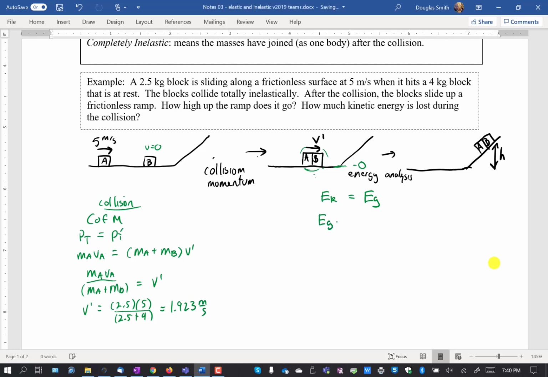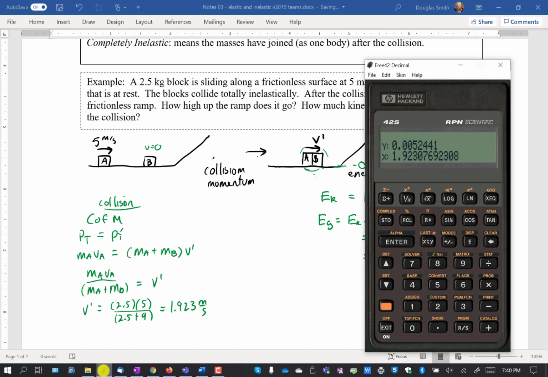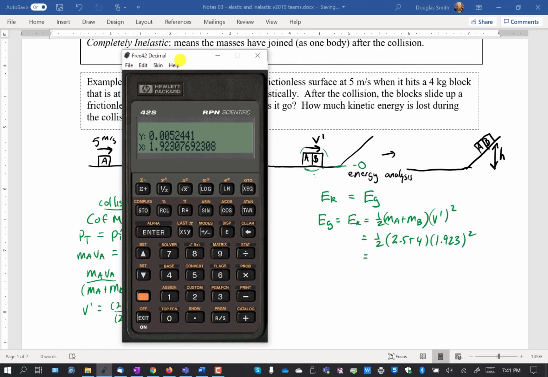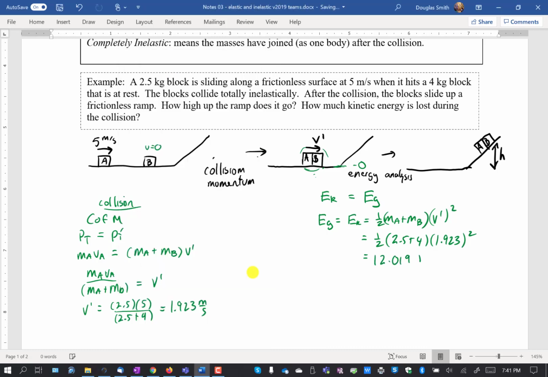So EG is equal to EK, which is 1/2 (MA plus MB), the two masses combined, times V prime squared. So that's 1/2 times (2.5 plus 4) times 1.923 squared. So 6.5 divided by 2, and then it's this other number squared, multiply, I get 12.019 joules.